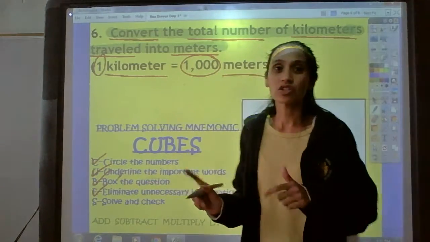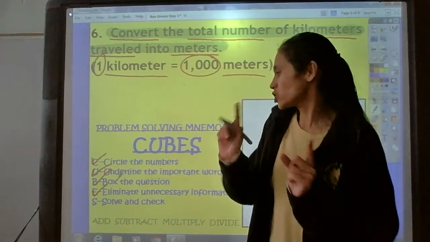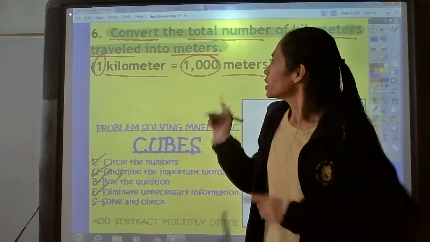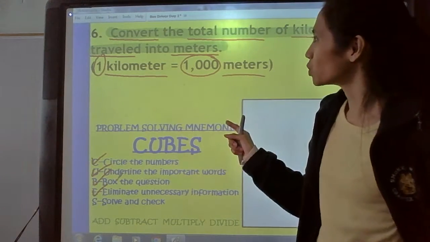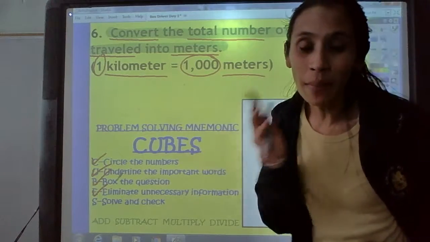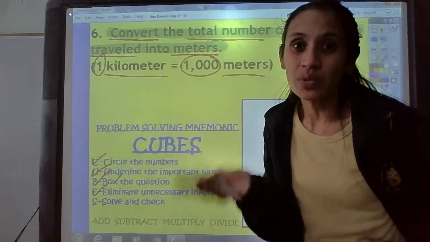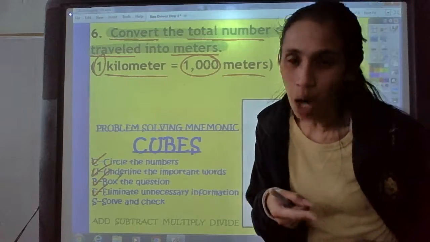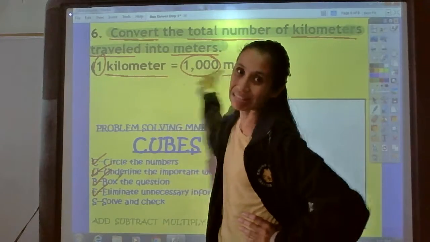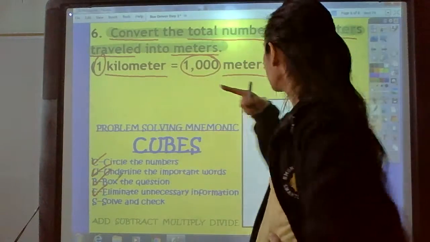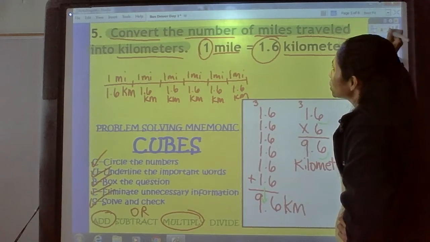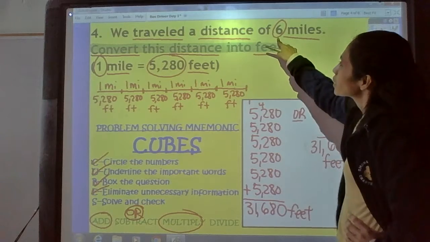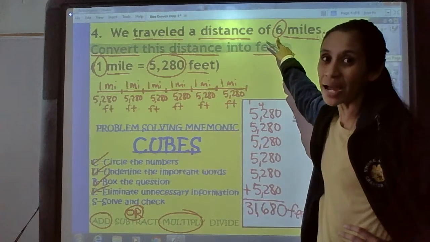Last thing we do is solve and check. So if we are converting the total number of kilometers traveled, we need to know how many kilometers they traveled. So we need to look back at the other problems. This is the conversion. That's not how many they traveled. At number 4, it says they traveled 6 miles.